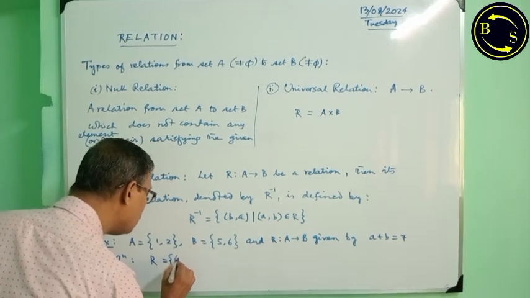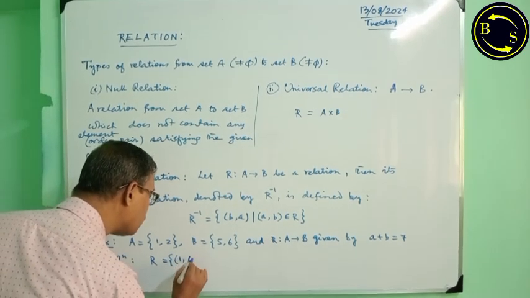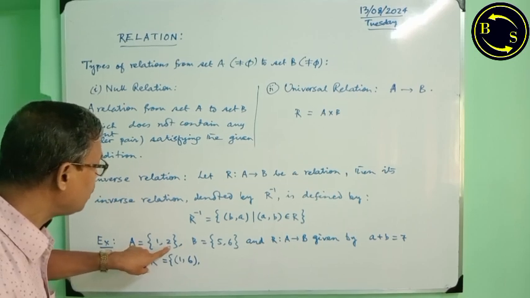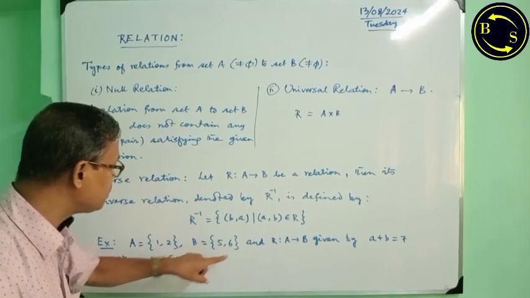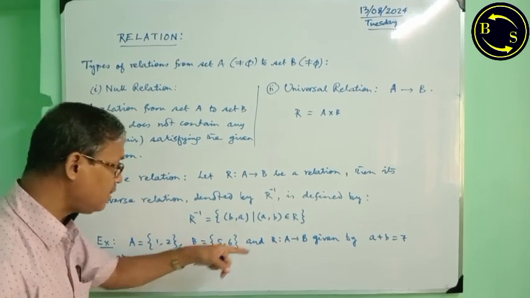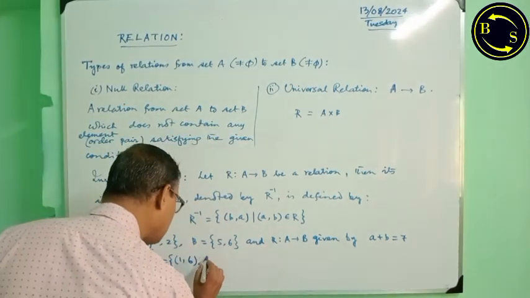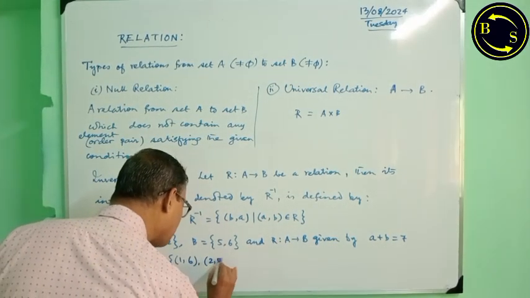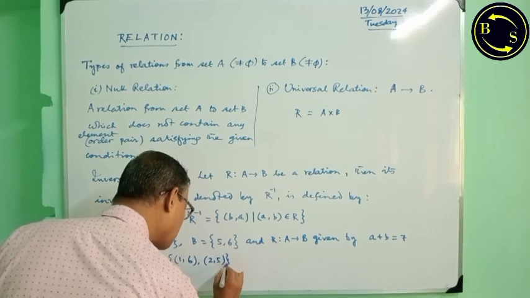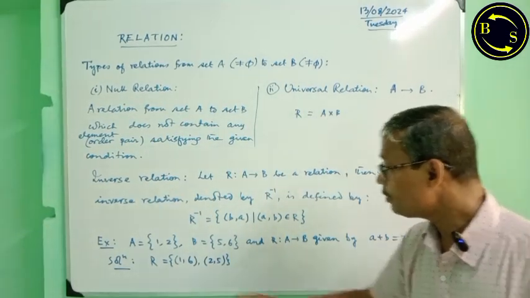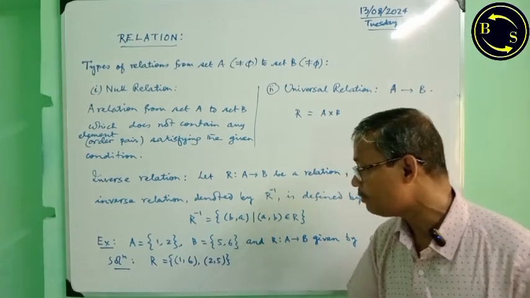Therefore (1, 6) is one ordered pair. Then we take 2 and add to each of 5, 6 and get 7 and 8, but the restriction is sum 7. Therefore it will be (2, 5). Thus the relation is the set of ordered pairs (1, 6) and (2, 5).